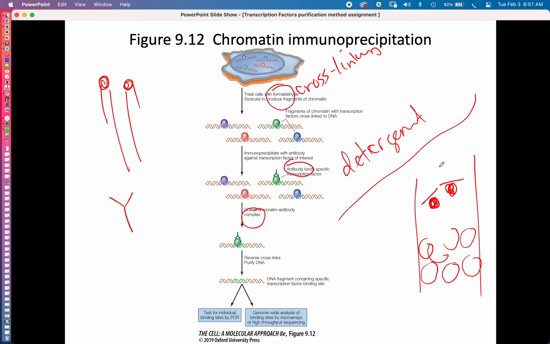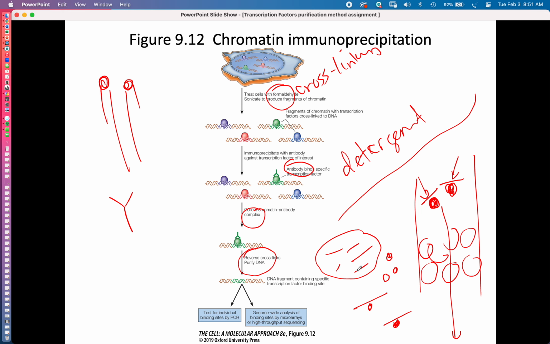What we want to study is the DNA. So we release those from the beads, and we'll have purified protein with the DNA. Then we can reverse the cross-links, let it go, and get rid of the proteins. And now we have DNA.